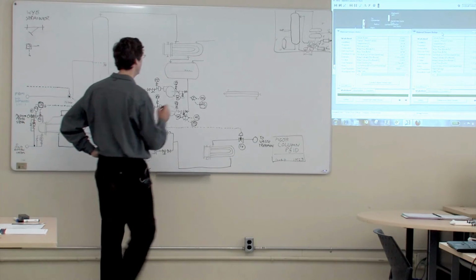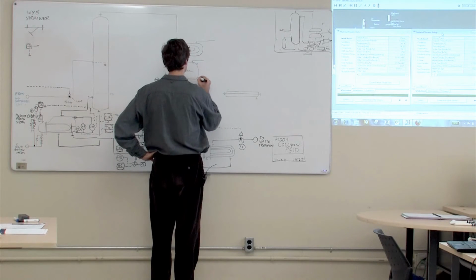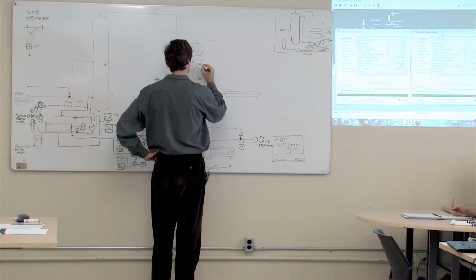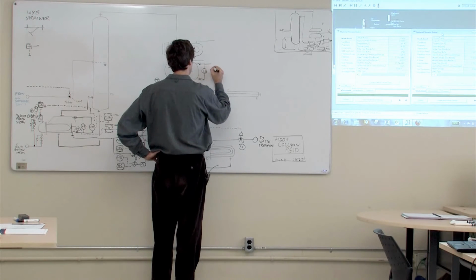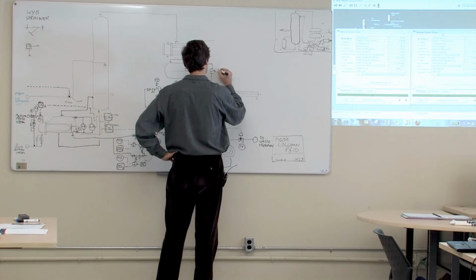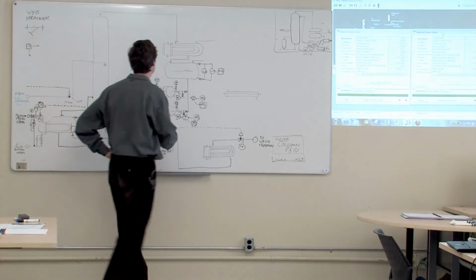I'm gonna need some level here. Like that. I'm gonna put a sight glass in again. I'm gonna put a level indicating transmitter in. I know I'm going to want a level indicating controller, like that.